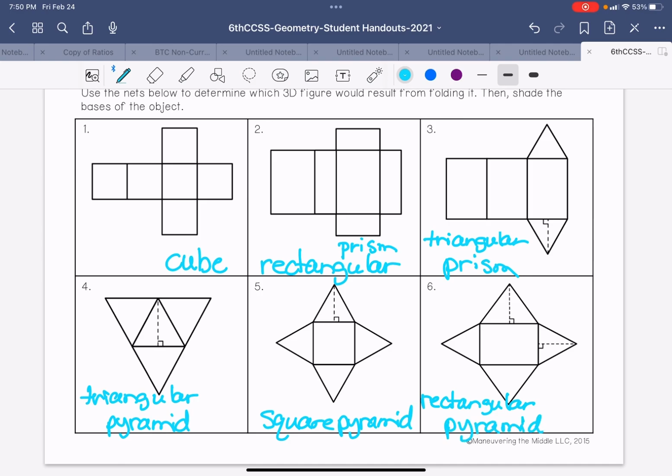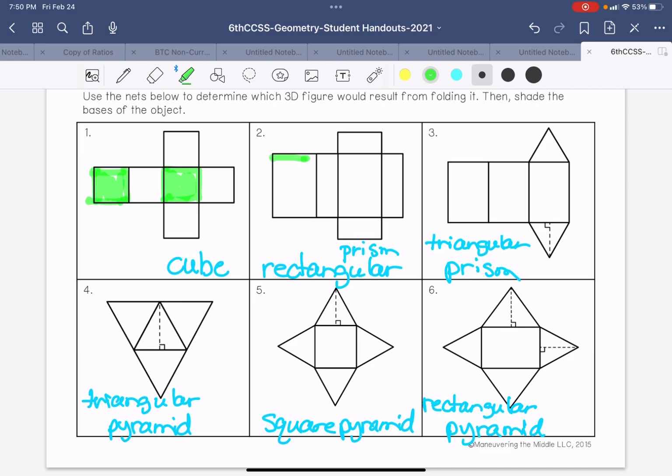So I know that the prisms should have 2 bases and the pyramids only have 1. So if I'm going to shade the bases, my cube would be this one and this one when folded. The rectangular prism bases would be this and this.